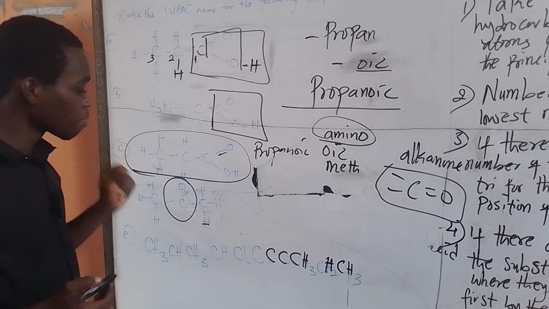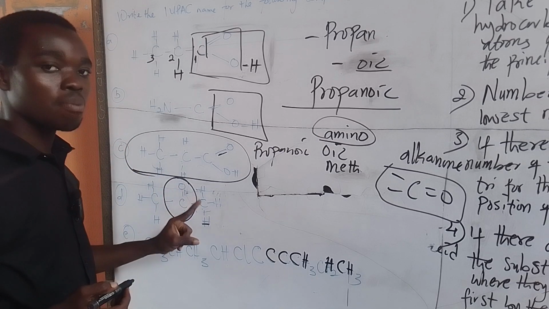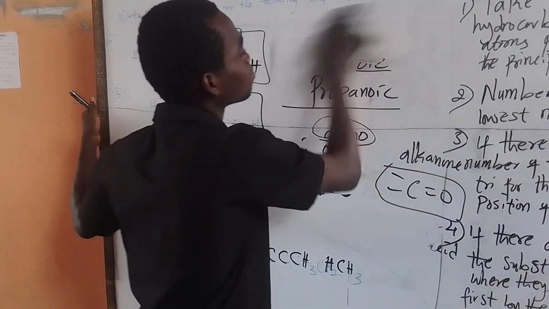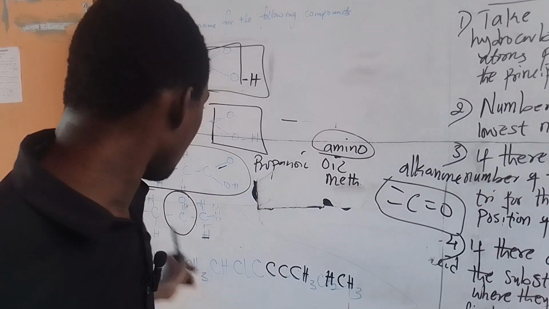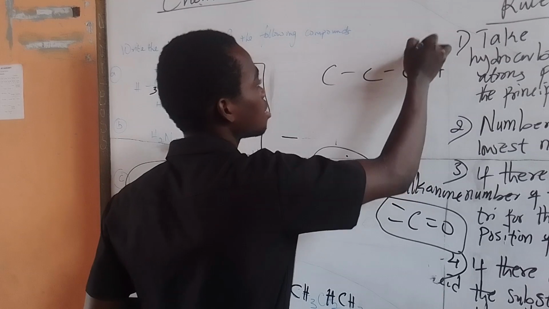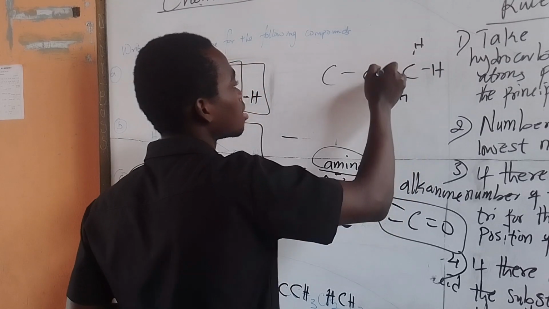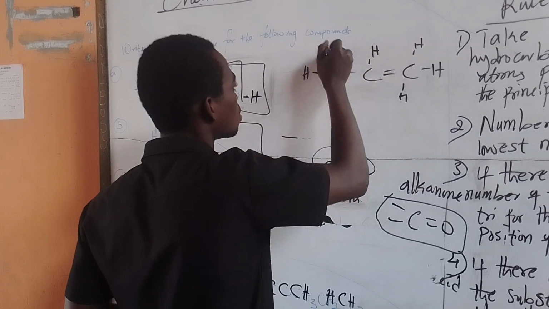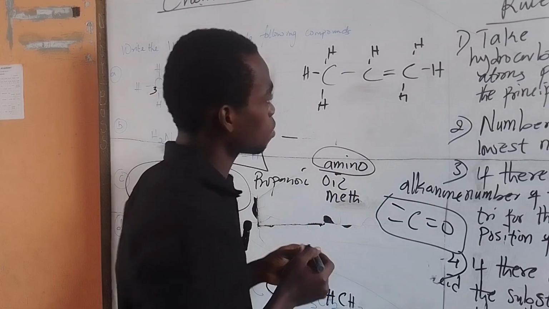Normally, since this -one is at the carbon, maybe I have a compound like this. If I have the same thing like this, now this is a functional group.